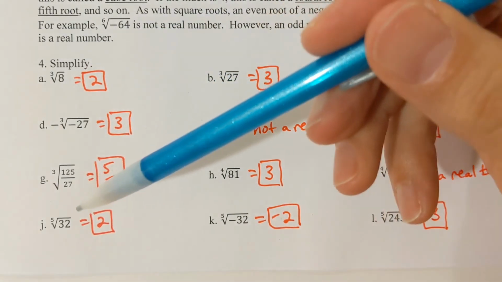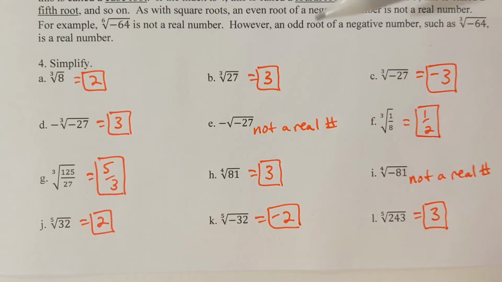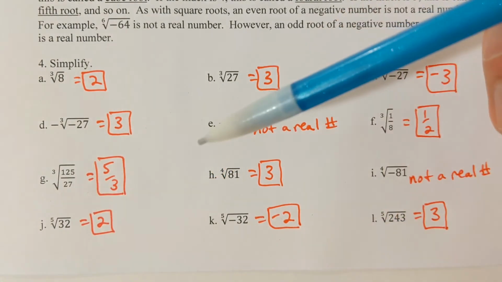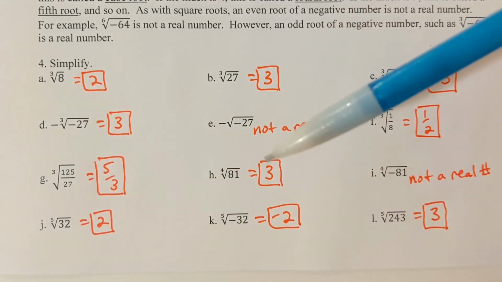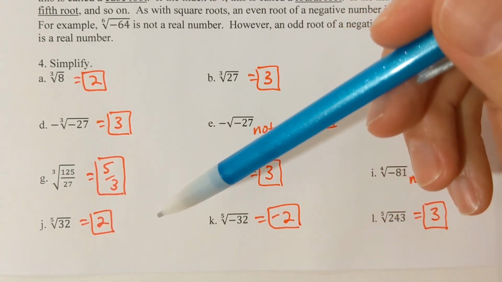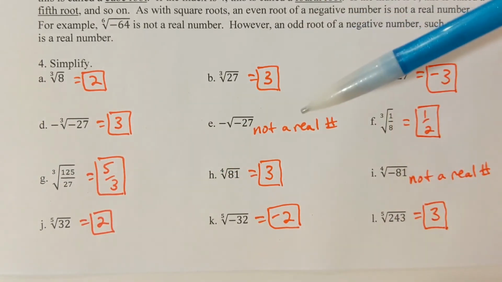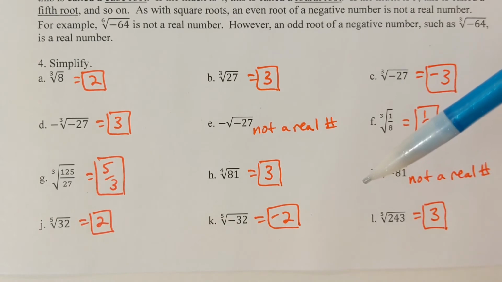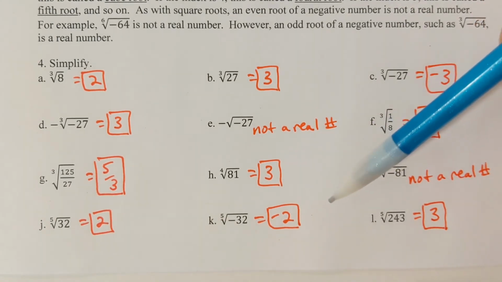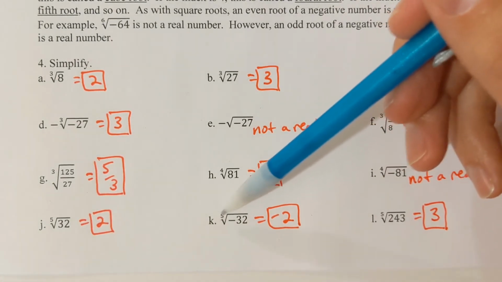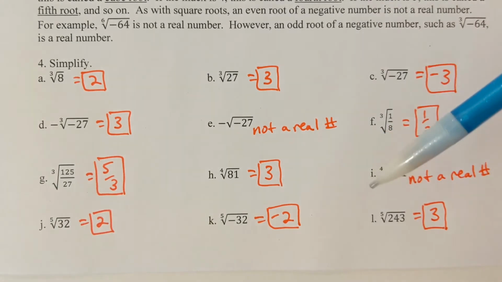Part J, the fifth root of 32. We're looking for a number such that when we raise it to the fifth power, we'd get 32. That would be 2. 2 times 2 times 2 times 2 times 2, or 2 to the fifth, would be 32. How about the fifth root of negative 32? Well, that'd be negative 2. Negative 2 to the fifth would give you negative 32. If the index is an odd number, it's okay to have a negative underneath.